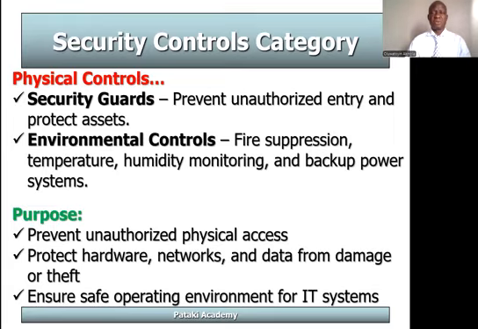Environmental control, the fire suppression, temperature, humidity monitoring, and backup power system. What is the purpose of physical control? It prevents unauthorized physical access. It protects hardware, network, and data from damage or theft. Ensures a safe operating environment for IT systems.